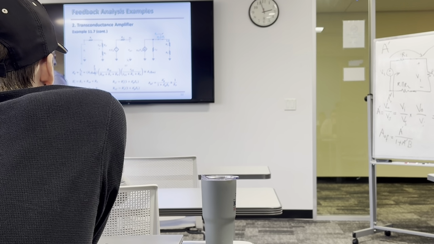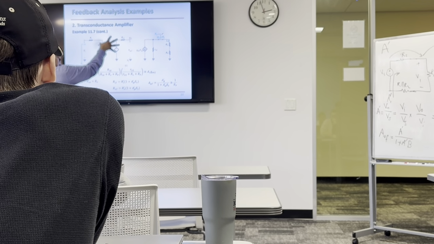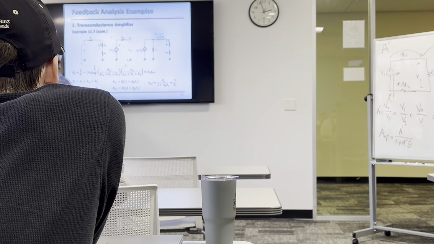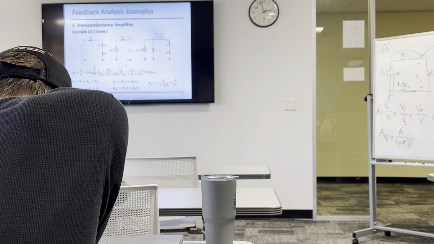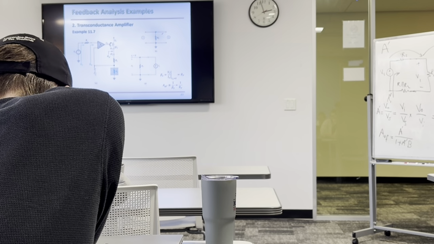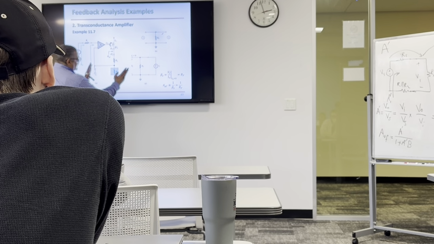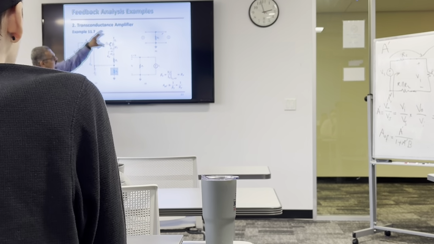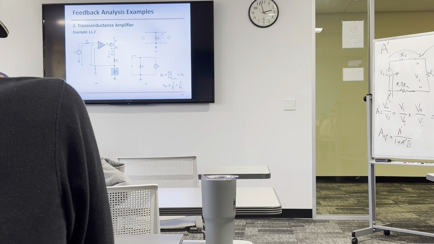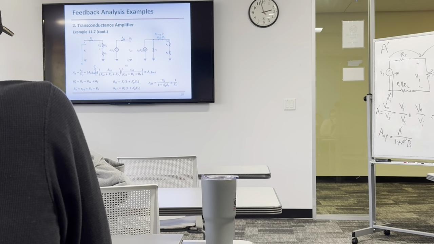This is the model for the operational amplifier, and this is the model for the transistor. So you replace RF twice, one time at the input, one time at the output, and leave this open, then replace this with its model, and start analyzing the circuit.